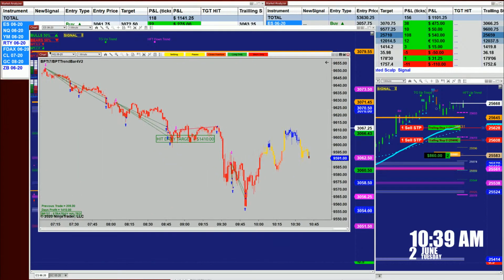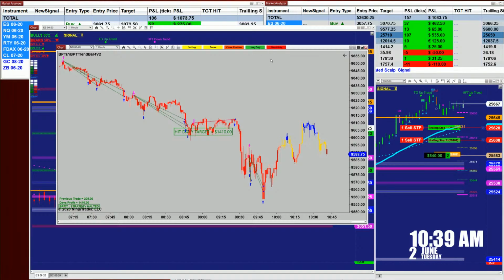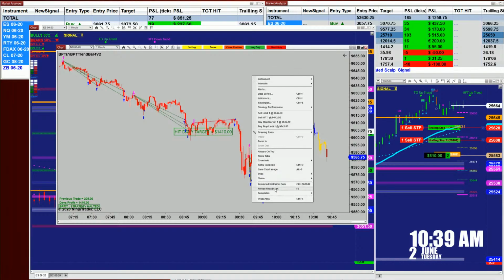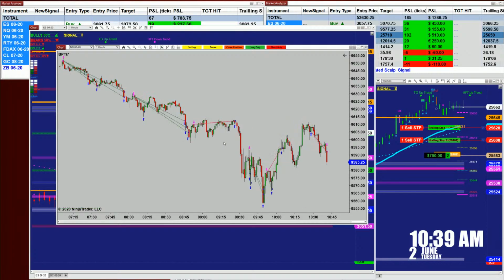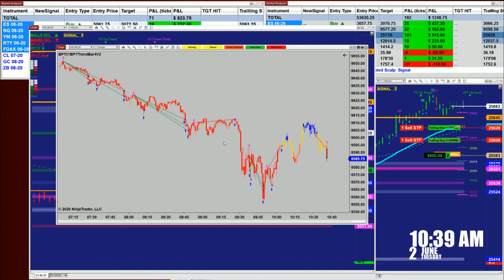But as you see here, there is a short trade. Let's go ahead and reactivate it for one more round. You right-click, reload it, and now it's activated again. Then, when we see that, you can say short only or long only.